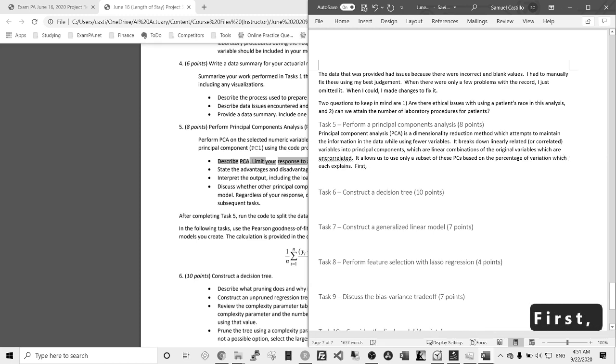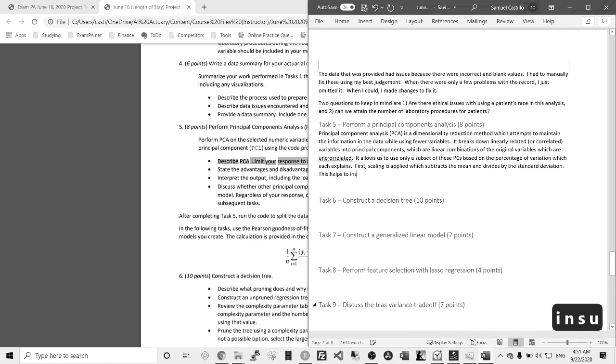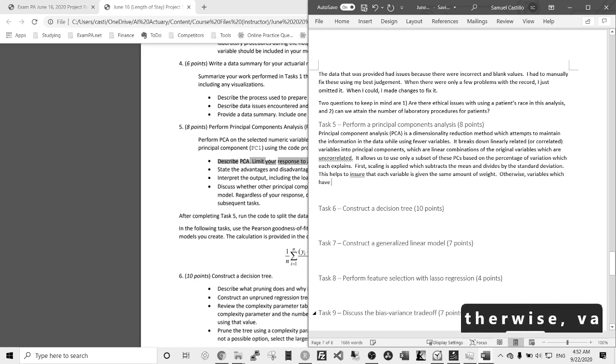First, scaling is applied, which subtracts the mean and divides by the standard deviation. This helps to ensure that each variable is given the same amount of weight. Otherwise, variables which have the highest numeric value would have too much influence.